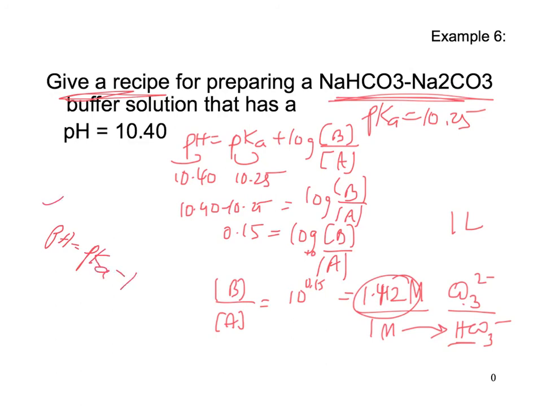The highest will be when the pH is pKa plus 1, so it has to range between plus minus 1 unit, and the effective range for the buffering system is going to be over a ratio of 10 between the conjugate base and the weak acid. So what that means is that if your weak acid has a pKa of 5, then the buffer will have a range of 4 to 6.